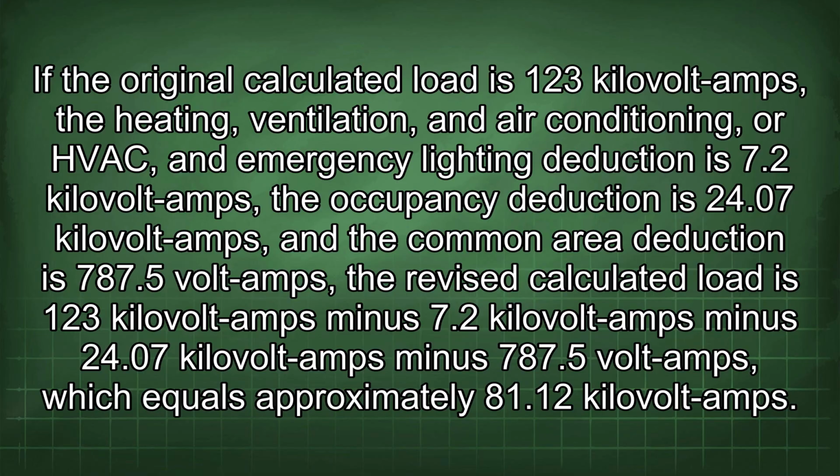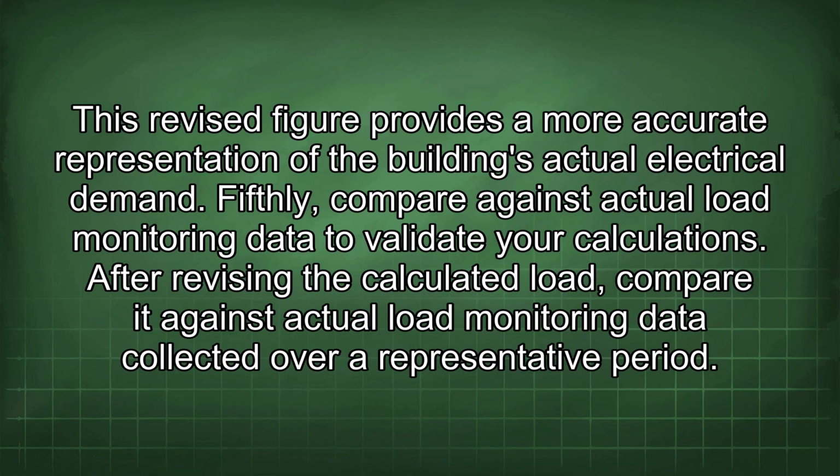The revised calculated load is 123 kilovolt amps minus 7.2 kilovolt amps minus 24.7 kilovolt amps minus 787.5 volt amps, which equals approximately 81.12 kilovolt amps. This revised figure provides a more accurate representation of the building's actual electrical demand.